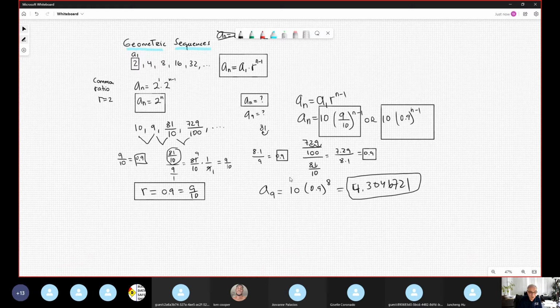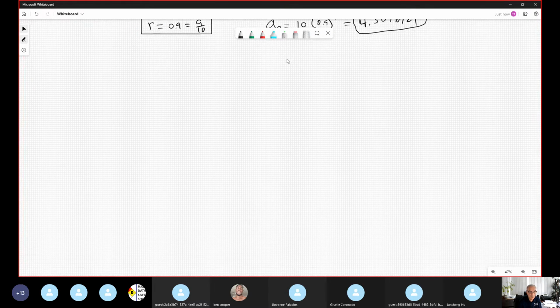Okay. Now I want to introduce, because it's a little bit complicated, we'll continue next time, the summation and the geometric sequence. Let me try to use intuition. The formulas. What is the formula for the summation and the geometric sequence?